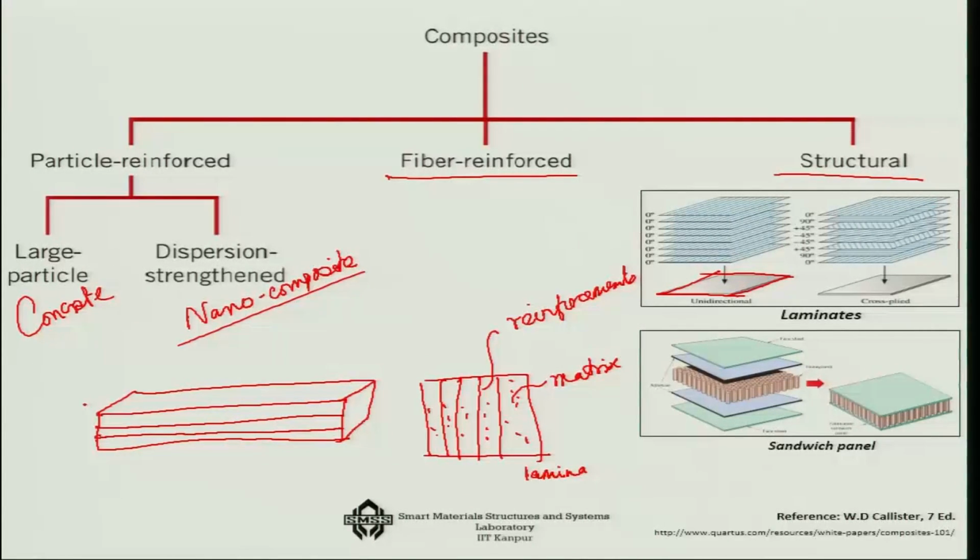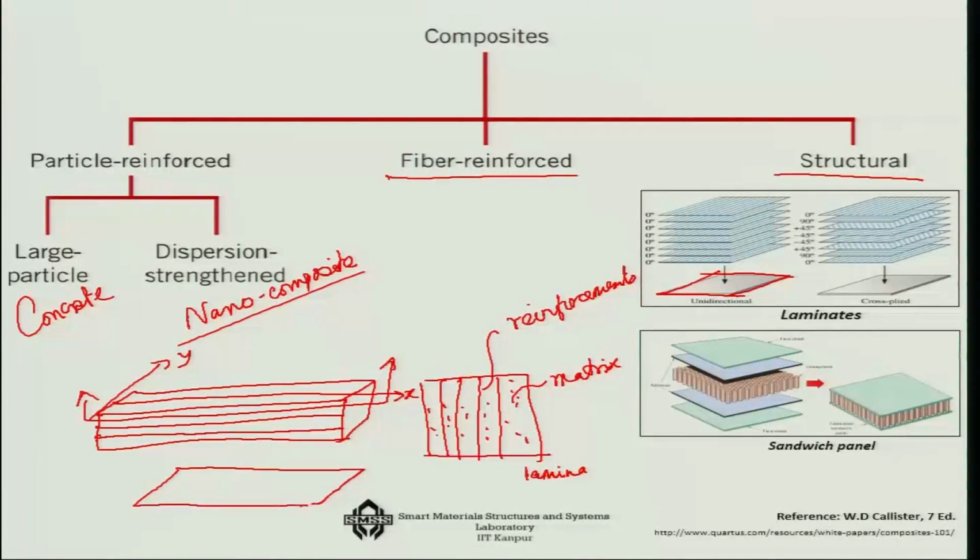Now, if I cut the first layer and look at it, this is the x direction, longitudinal direction, this is the y direction. So, I am cutting the first layer and looking at it. I may find that all the reinforcements are parallel to the x direction.